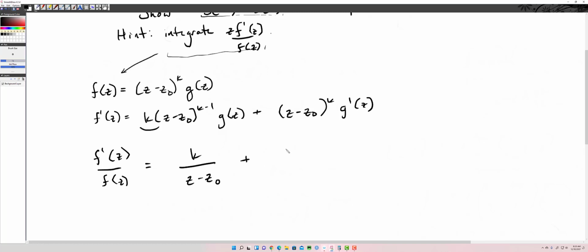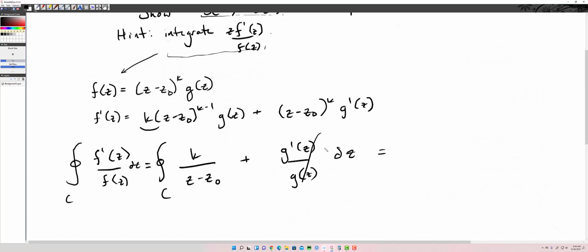And then over here I get G prime of Z over G of Z. But again, G of Z doesn't have any zeros at Z sub 0, so you're not going to get anything. And when we integrate around C, where C encloses Z sub 0, this is not going to be anything, and we're going to get K times 2 pi I.